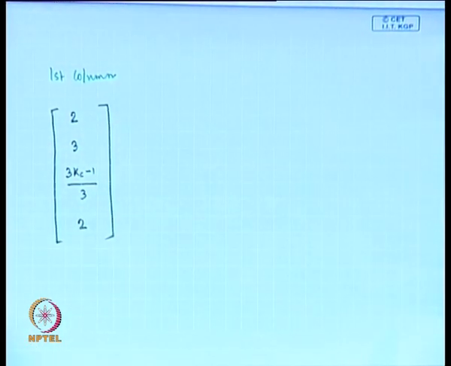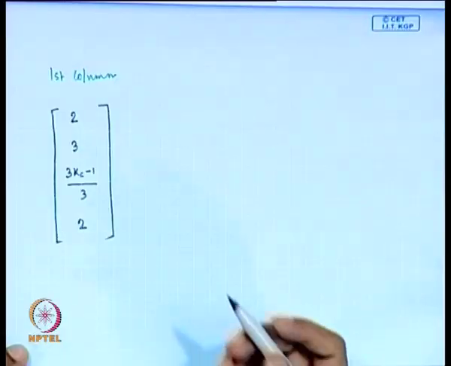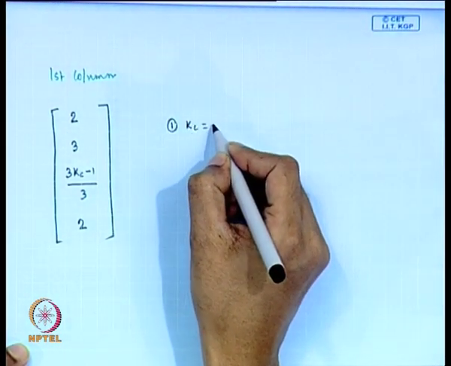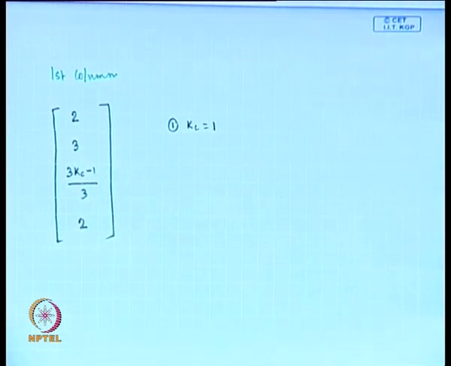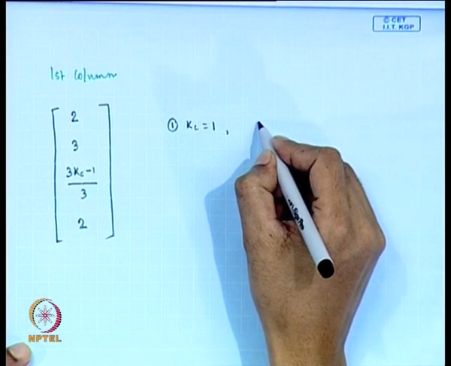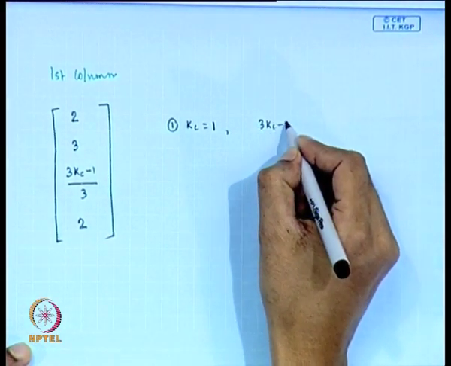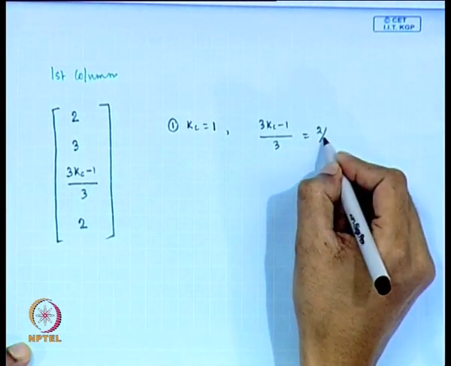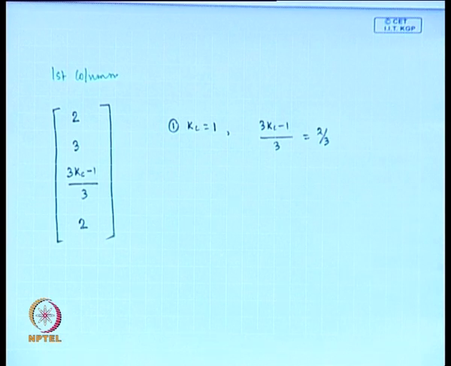Now, we will try to consider some values of Kc arbitrarily. Suppose Kc is equal to 1. What about the third element in the first column? The third element in the first column becomes 2/3.